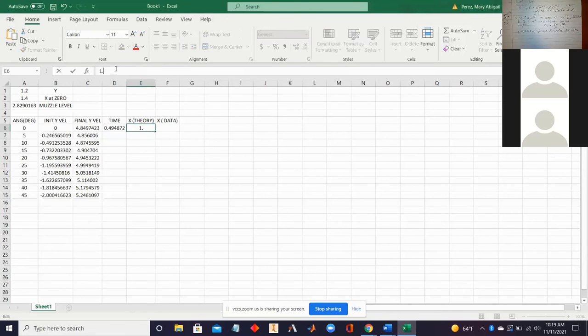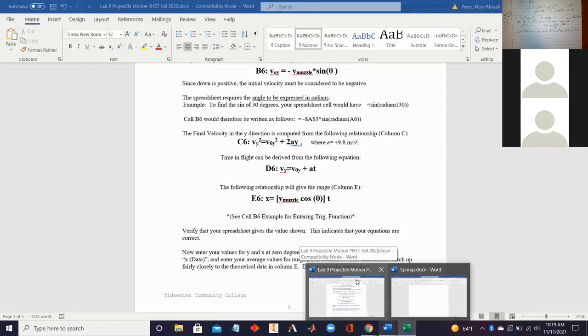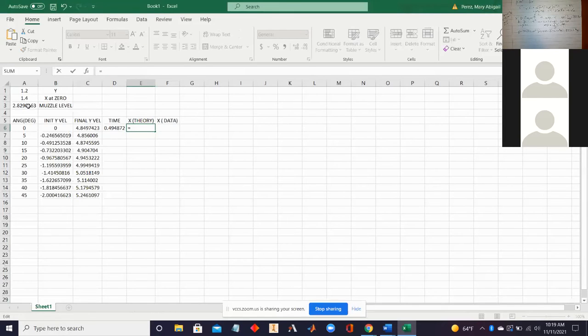Okay. Muzzle, cosine, radians, theta. Remember a dollar sign on that one. Dollar sign A, dollar sign 3. Yep. That one I got messy. Times cosine, radians.